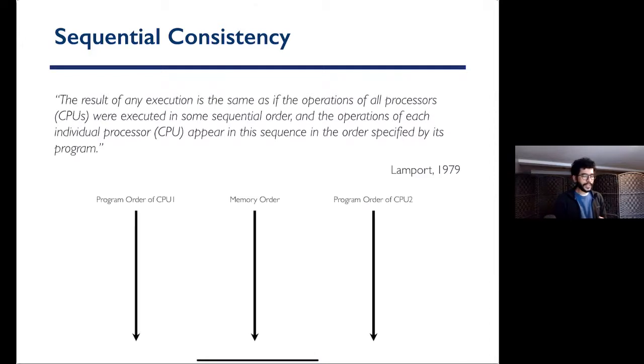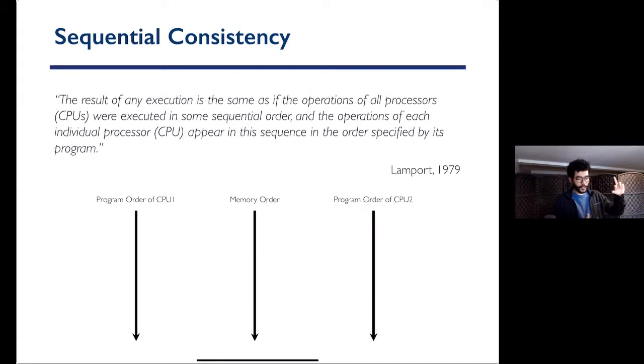Sequential consistency says that the order of instructions for each thread is the same as what the programmer has coded.